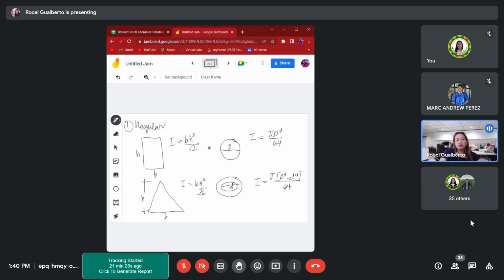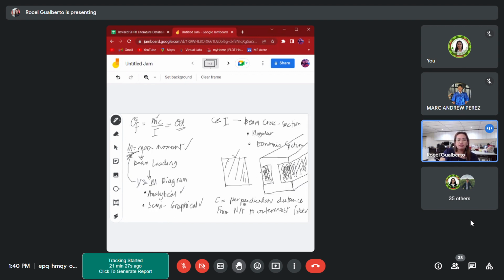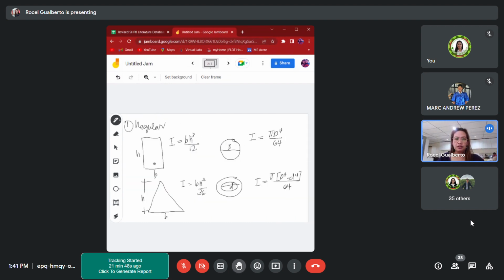In order to obtain the value of C, it is necessary first that you know the location of the neutral axis. So let us first find the neutral axis. Which one is the neutral axis? This is the neutral axis. This is our cross-section.